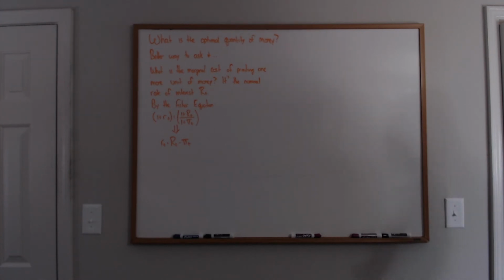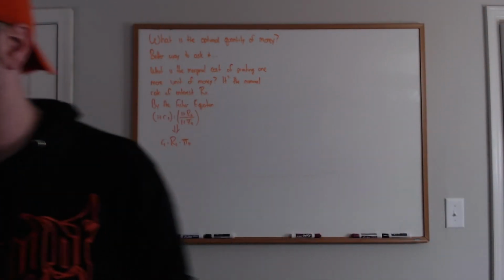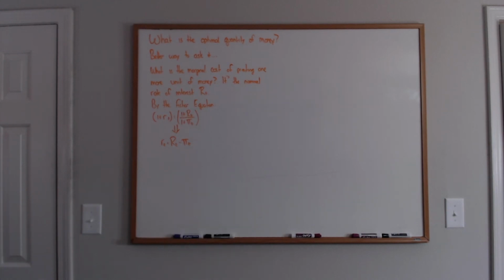On the margin, what is it going to cost the central bank to essentially print one more unit of money? Well, they're printing millions and millions of units of money on a pretty regular basis. On the margin, if we did one more unit, what would that really be equal to?